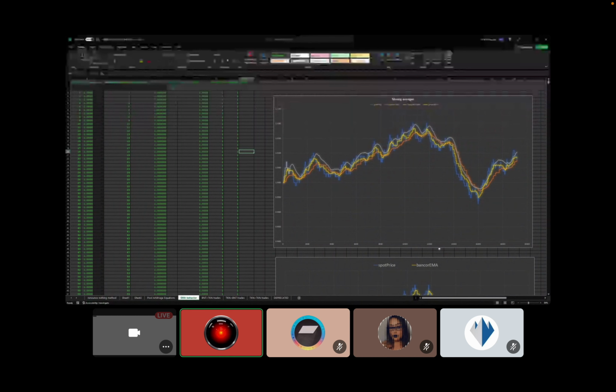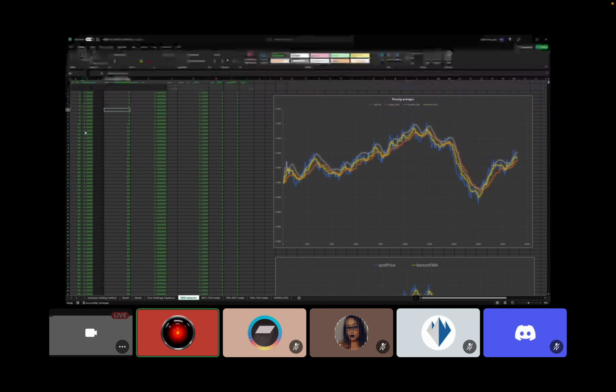And so what I've got here in Excel is basically just a random program that's simulating an arbitrary number of swaps, and those swaps are causing the spot price in the pool to change.